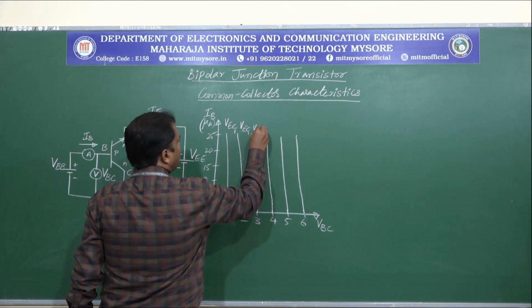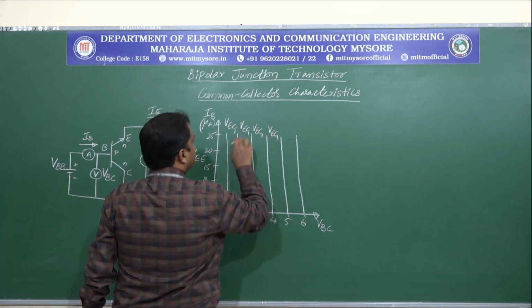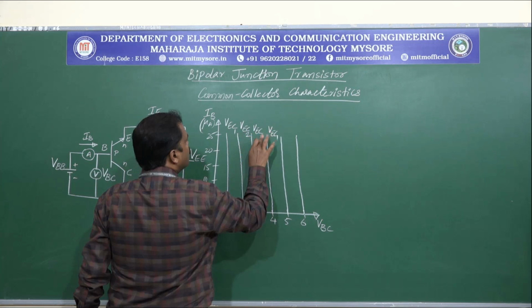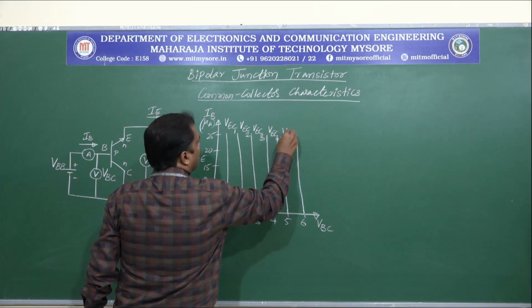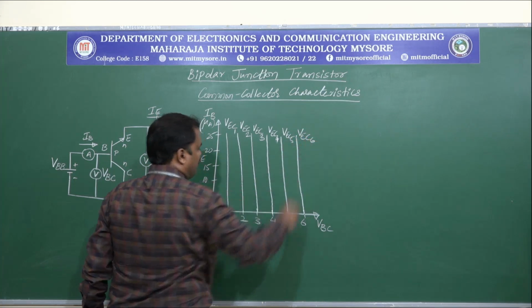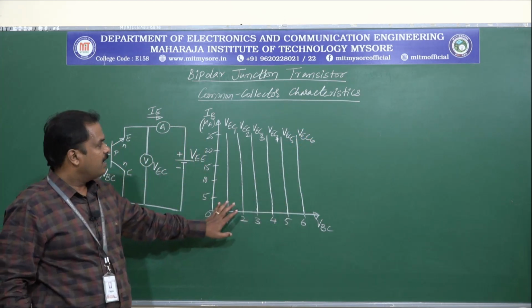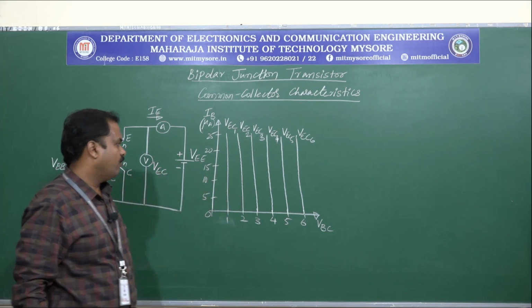So this remains almost constant to the levels of VEC. Sorry, this is VEC2, this is VEC3, this is VEC4, VEC5, VEC6. So this is the input characteristics of common collector configuration.